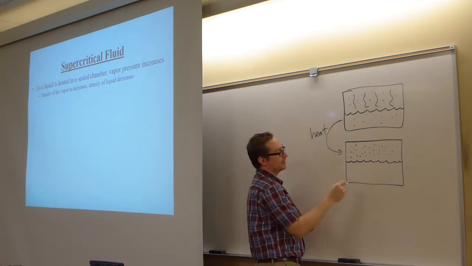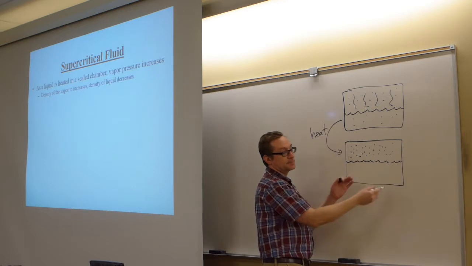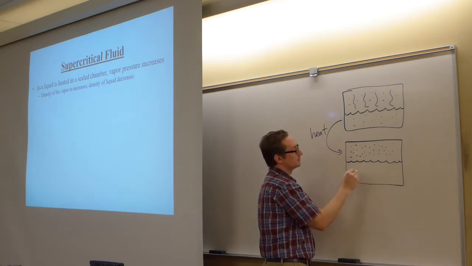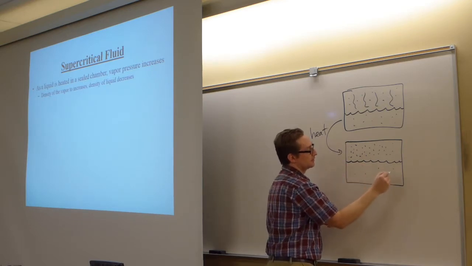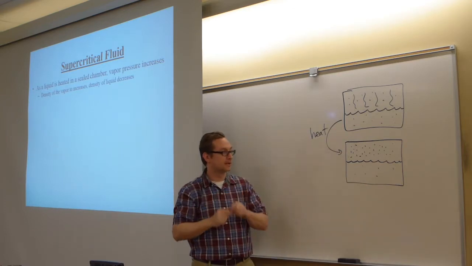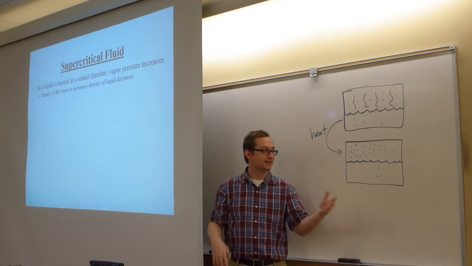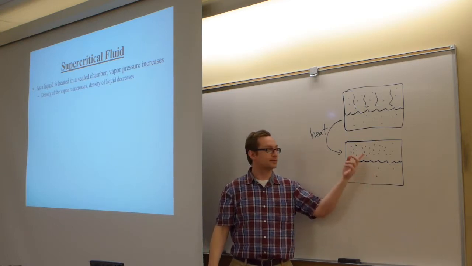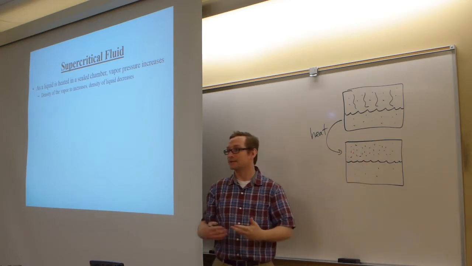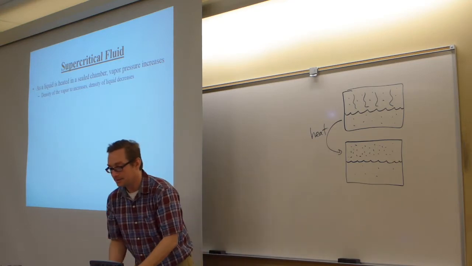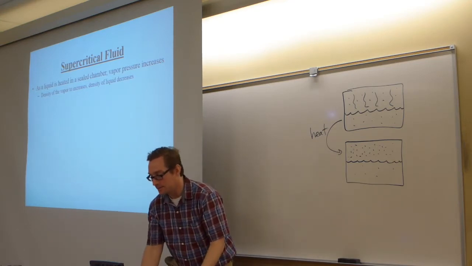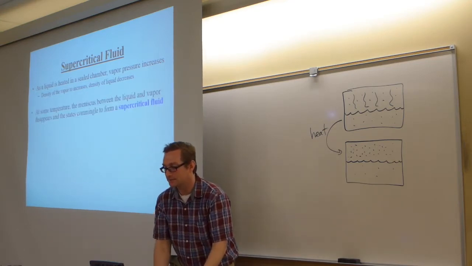So you're heating this up, right? The liquid level is actually expanding as well. So the density of the liquid is decreasing as it expands, but the vapor above is getting more dense. And this is what happens when you heat a liquid in a sealed chamber.